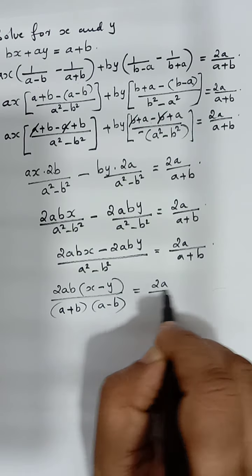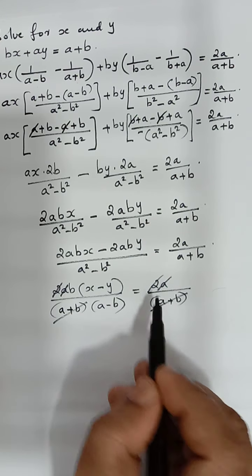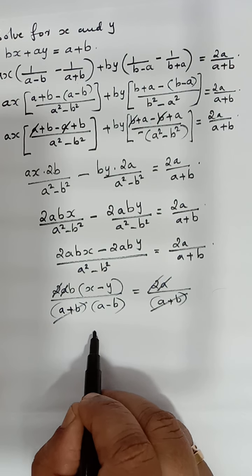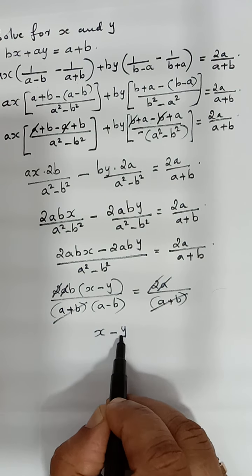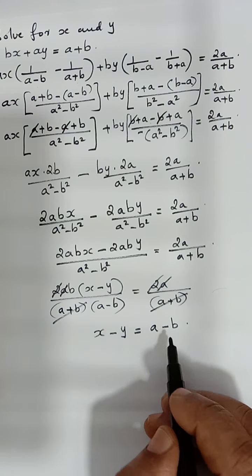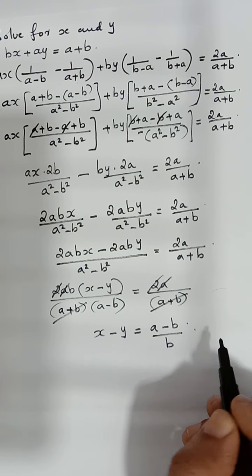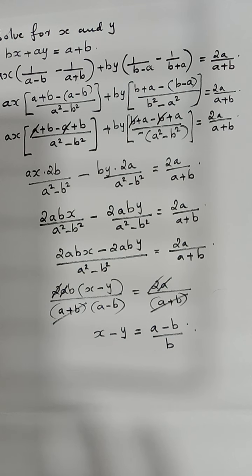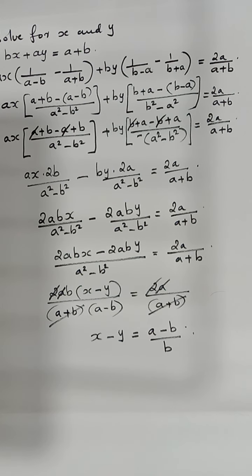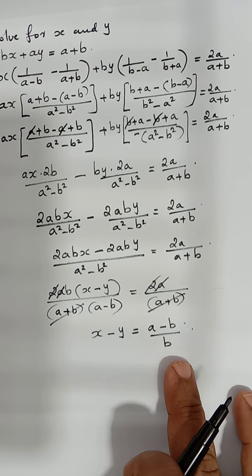This is multiplication here. a plus b getting cancelled. Okay. So here we can get the answer as, and even 2 can be cancelled. a also cancels. So here we have x minus y is equal to, we have a minus b to the other side, divided by b here. Okay. We got x minus y is equal to a minus b by b.